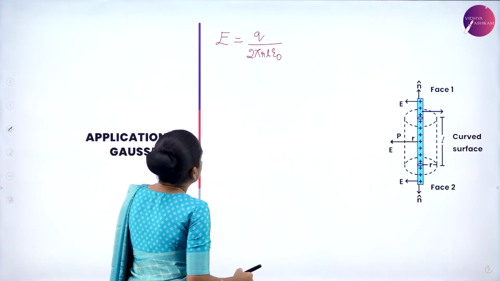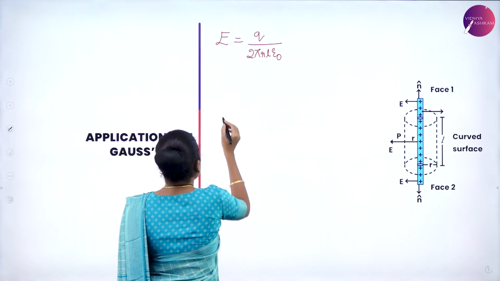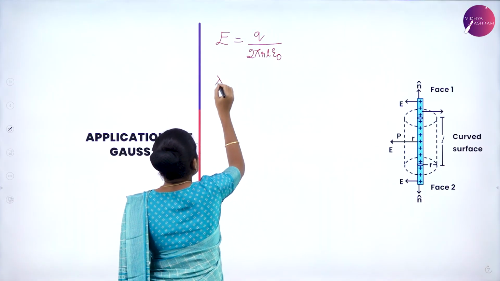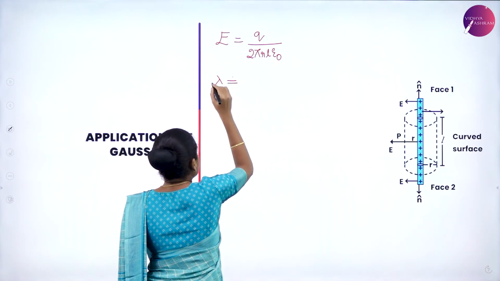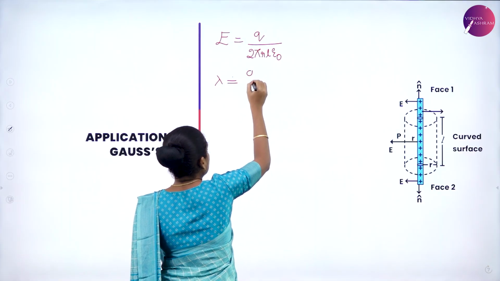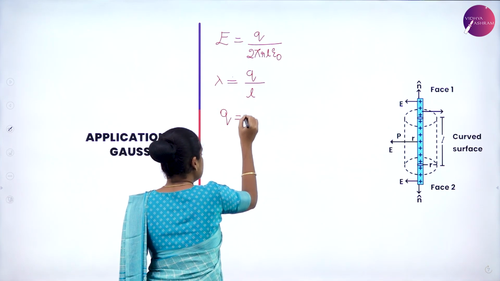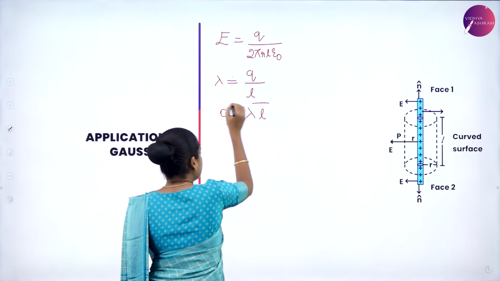Then we will calculate the charge on this wire using the linear charge density. Linear charge density lambda is equal to Q by L. Then the value of Q on the wire is lambda L.